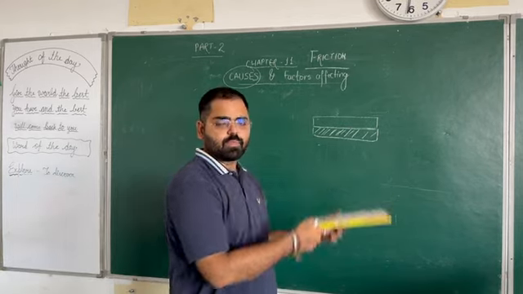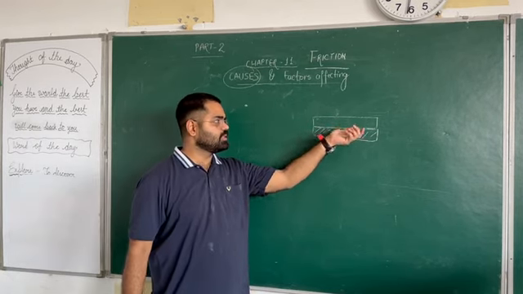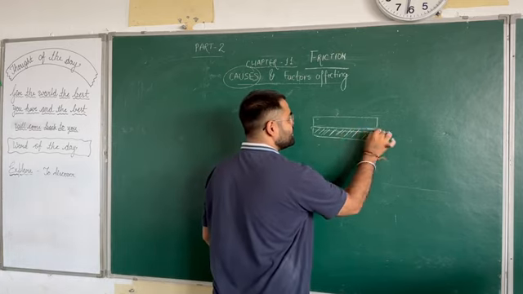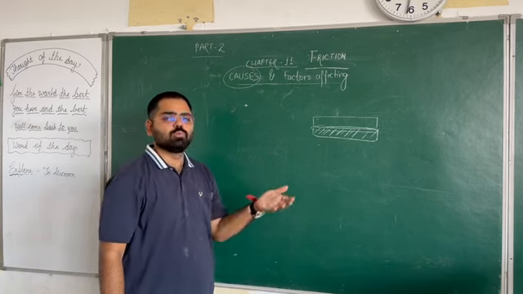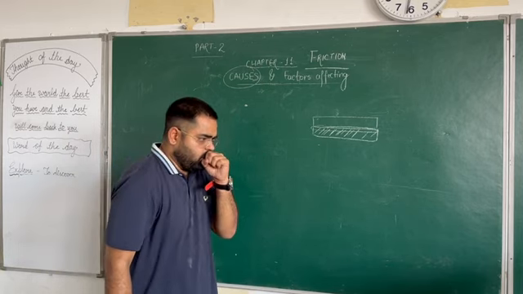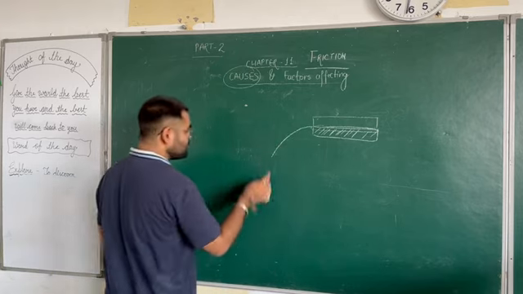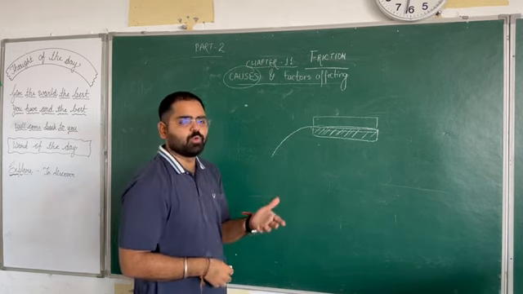The surfaces which are coming in contact, this particular region, look very smooth. But if you zoom in, at a microscopic level, will they actually look like this? The answer would be no.